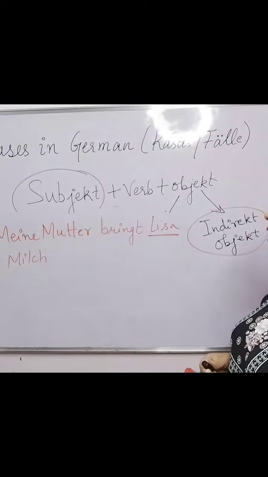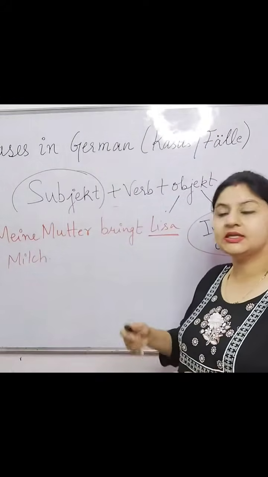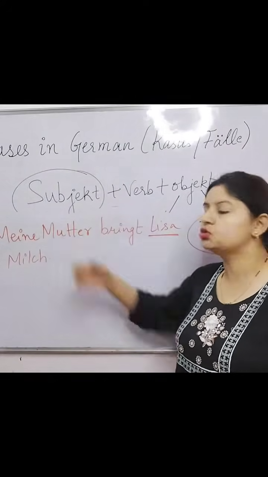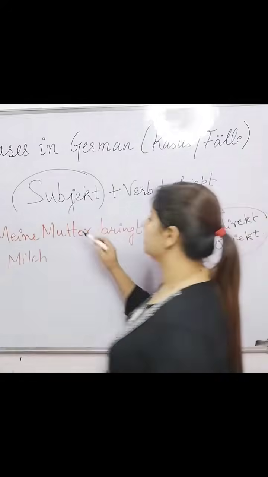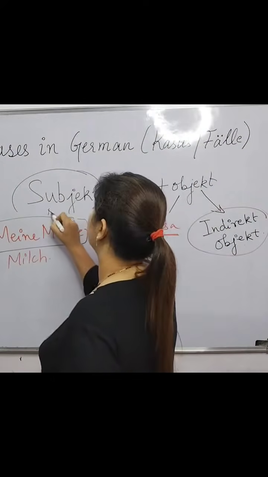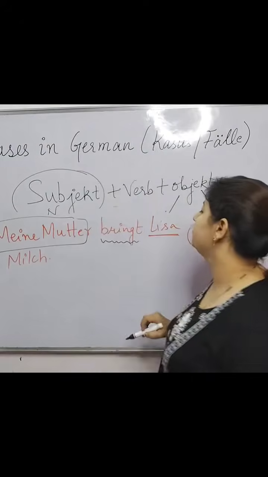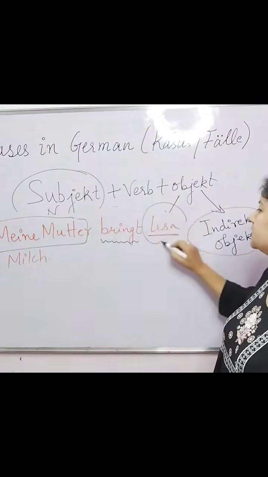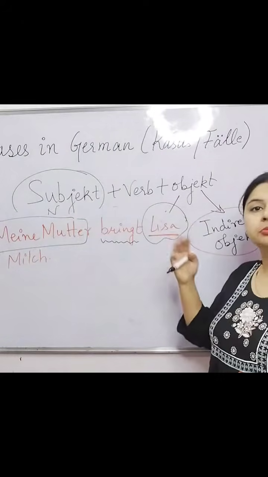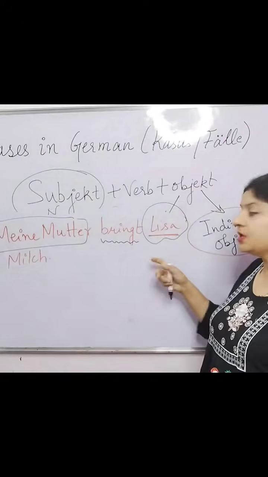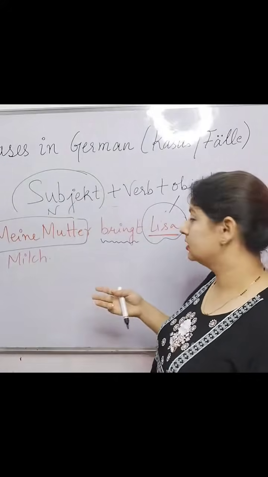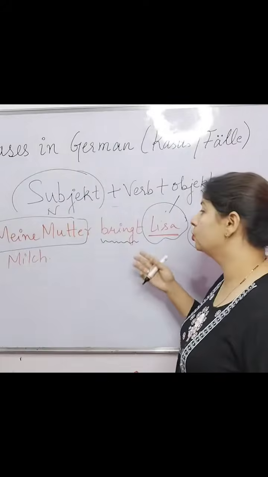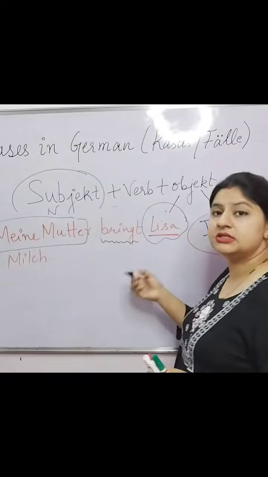So here, meine Mutter is nominative because this action, bringen, she is doing. Obviously, bringen is my verb, and Lisa is that person for whom this action has been done.